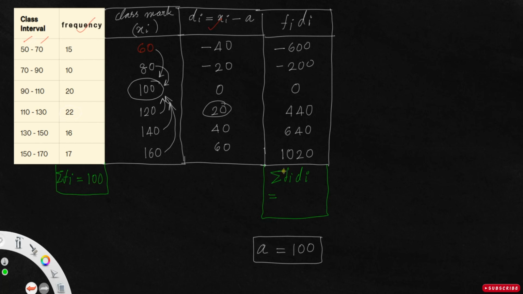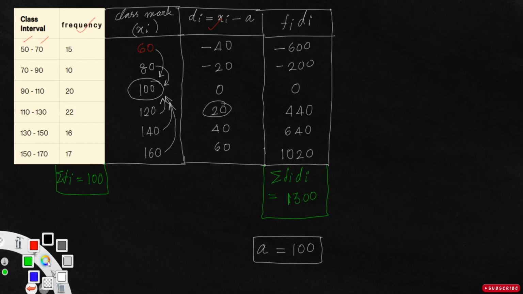Now here, if you add minus 600, minus 200, plus 440, plus 640, plus 1020, it is 1300. You have to add considering the sign also.